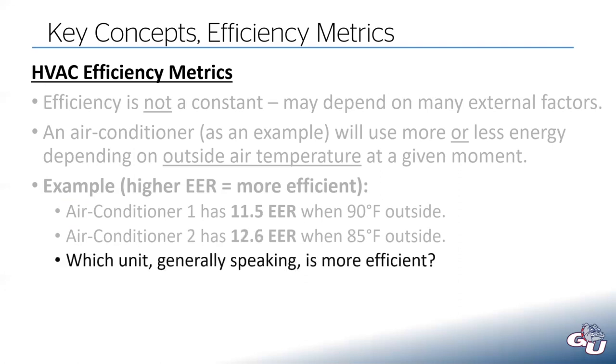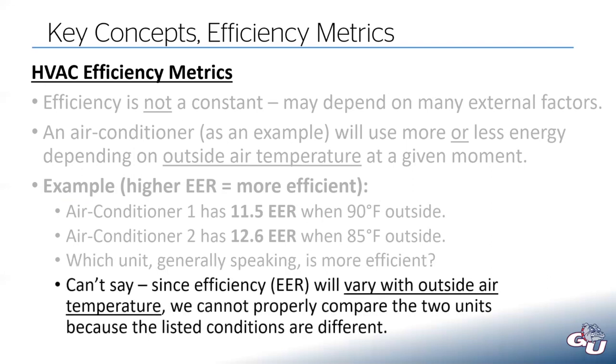And so if somebody were to present you with this information and said, which one of these is more efficient? And we really can't say, because that efficiency value is going to vary with that outside air temperature. So because one of these is expressed at 90 degrees, the other is expressed at 85 degrees outside air temperature, we don't know which one is more efficient.